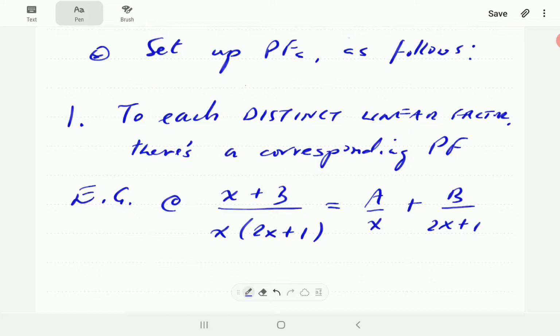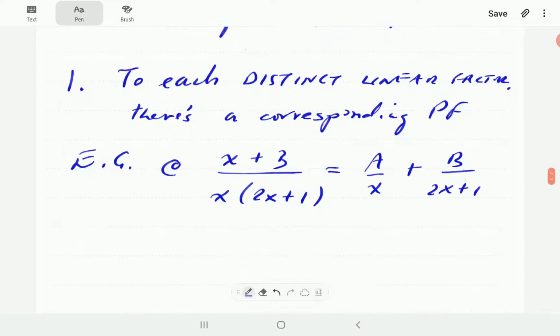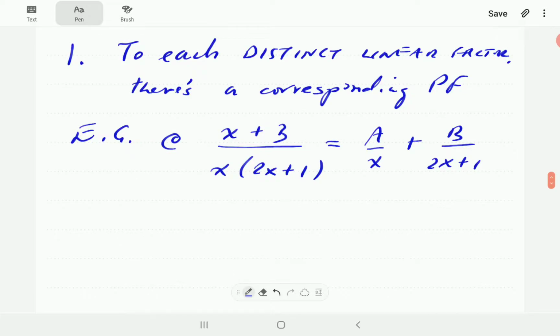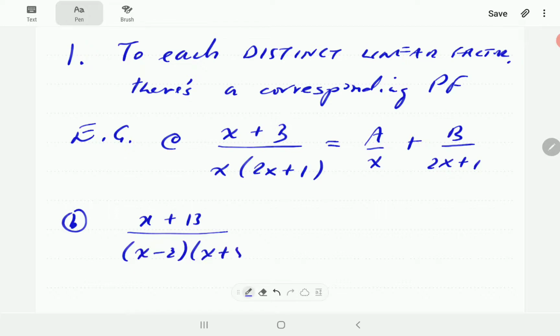Just for now, we want to make sure that we are happy with how to set up the partial fractions correctly, because if you set up the partial fractions wrongly, then whatever calculations you're going to do are going to be in vain. Suppose this time we have x plus 13 divided by x minus 2 into x plus 5.